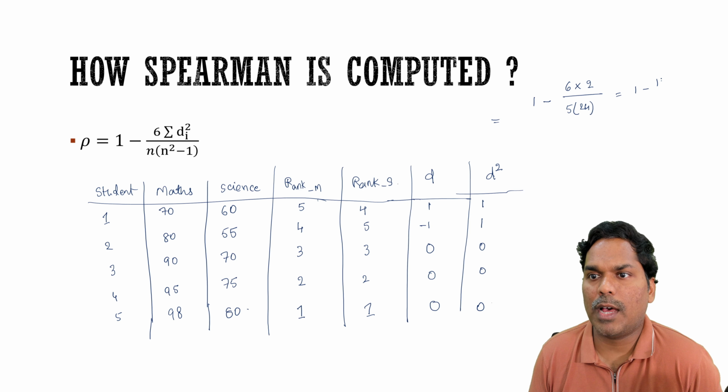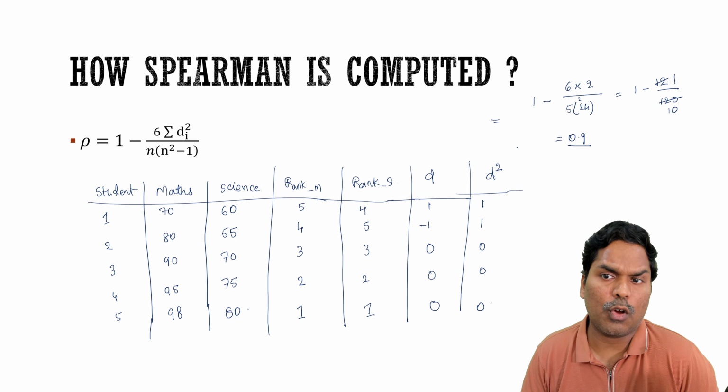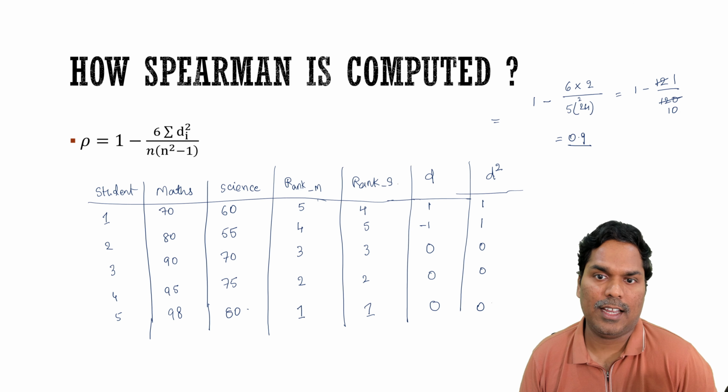So 1 minus 12 by 120, so 12 by 120, this is 0.1, which gives 0.9. So Spearman's correlation coefficient rho is going to be 0.9 in this particular situation.